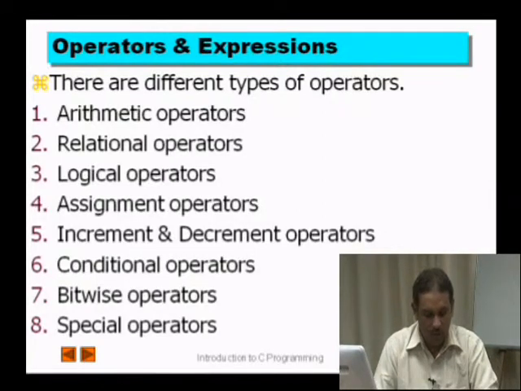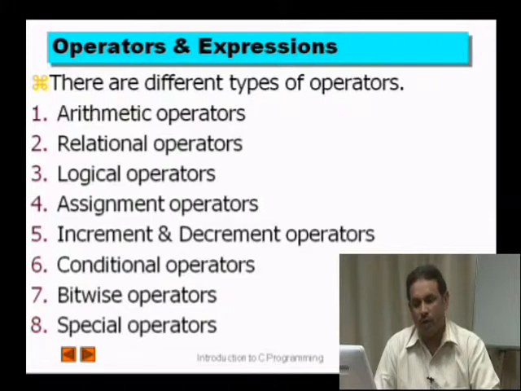Again, increment has 2 types, post increment and pre increment, or postfix and prefix. In postfix, the value of the variable is used and then the value is incremented, whereas in prefix the value is incremented first and then used.